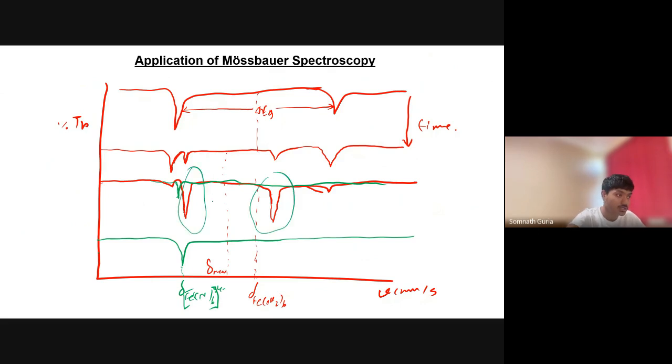What are these two lines? Interestingly, this reaction is happening at a particular temperature. What is the temperature we are providing? The temperature is 5 degrees Celsius.